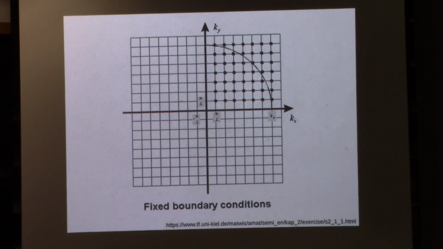So we're going to think of our wave function as psi of x, y, z equal to A sine of k sub x times x, sine of k sub y times y, sine of k sub z times z.